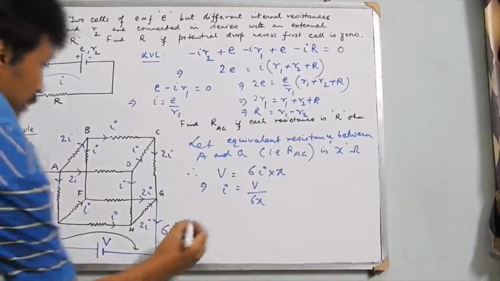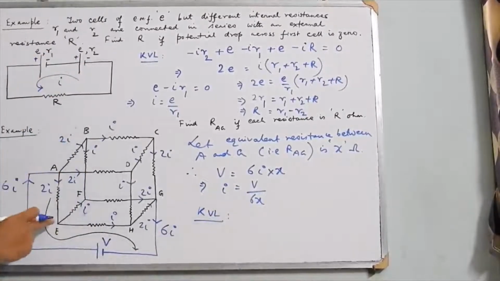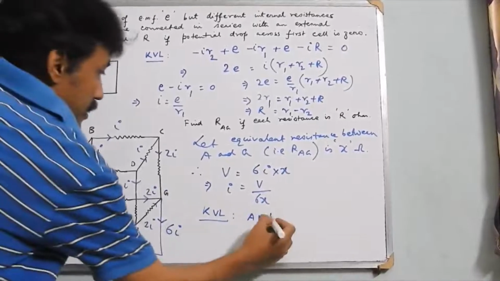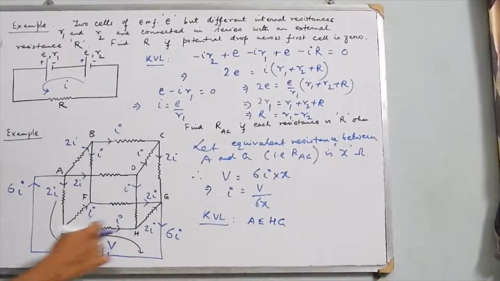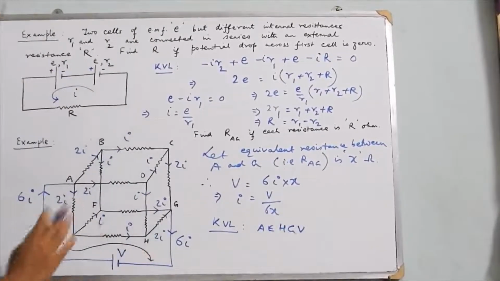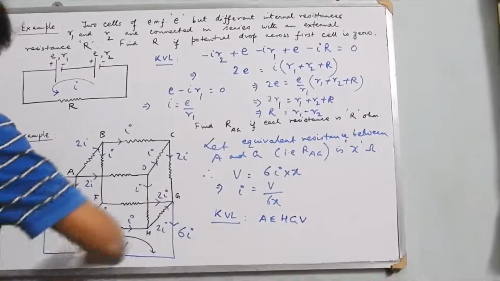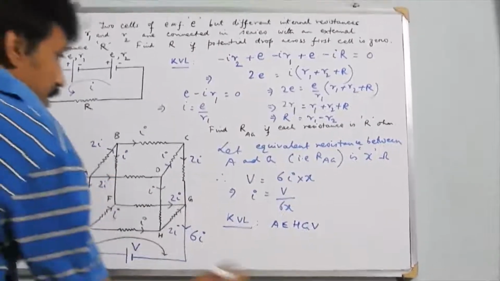Let me call this path as V, though V refers to the battery EMF, but still I am just trying to enumerate the loop. That's why I am naming it as V. A, E, H, G, V, A.